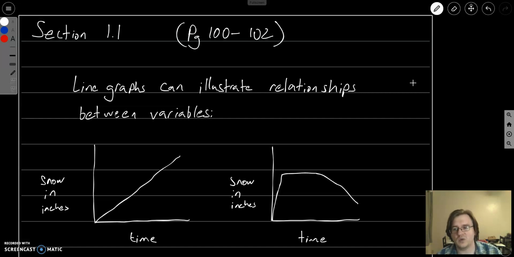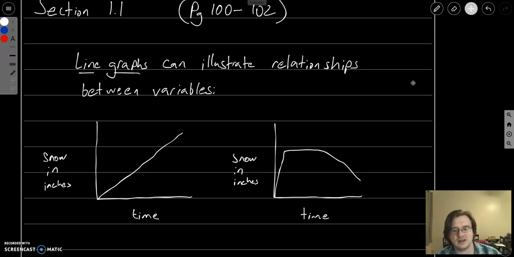So one thing really briefly is that line graphs can be used to illustrate relationships between variables, for instance, in real life, in science, in all sorts of fields, in everyday life. Like in newspapers and things, we'll be able to see graphs.